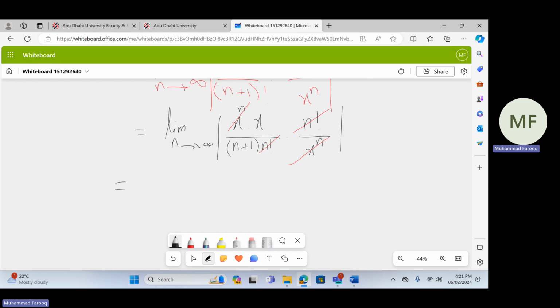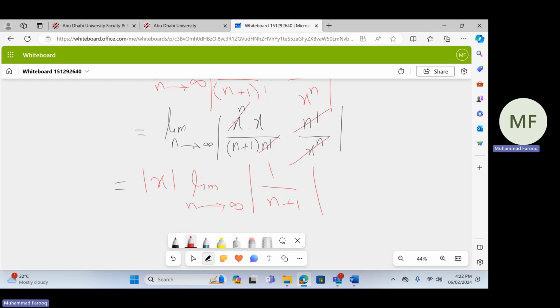You can take x outside, with absolute value. Don't forget x has an absolute value. x is not a constant, it's a variable. So I took the absolute value of x outside the limit because the limit has no impact on x. Agreed? Yes. As n approaches infinity, what is left over now? 1 over n plus 1.